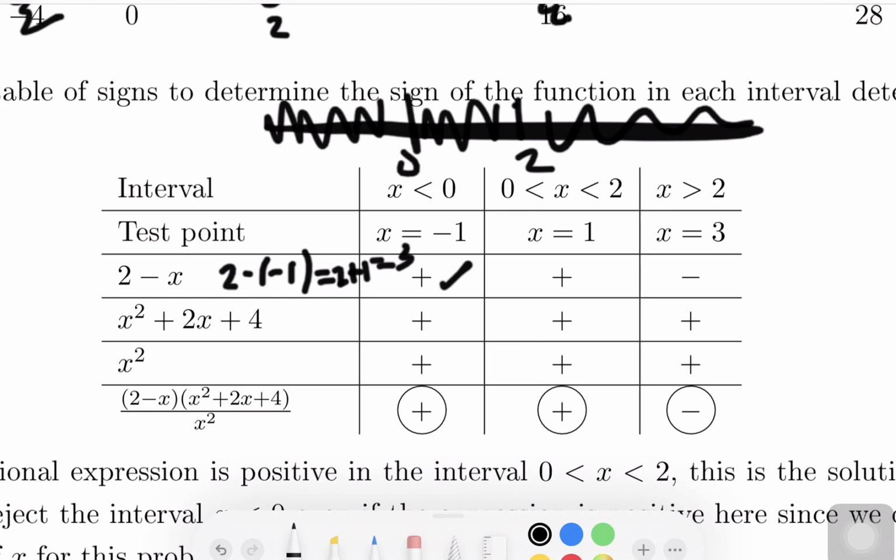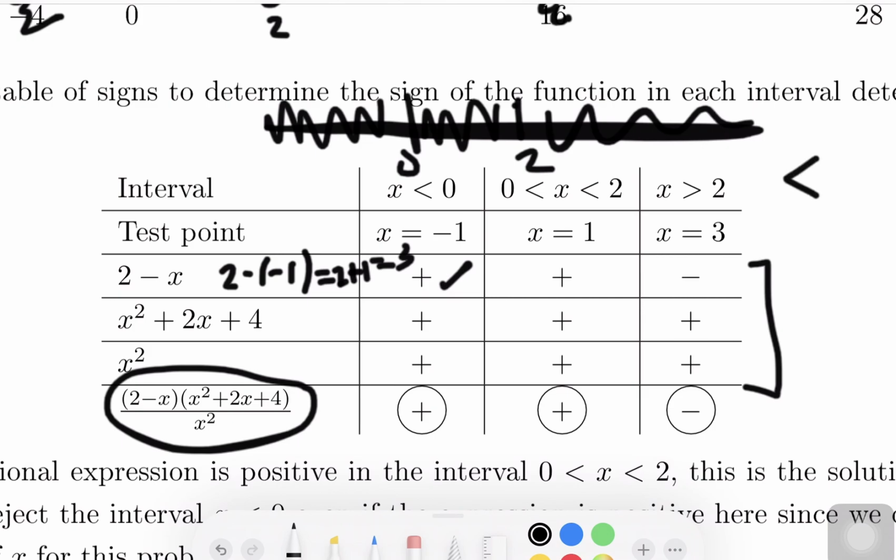Okay, so this is now the complete table of signs. And again, you follow the arrangement of your given rational expression. Now just use the signs. Now take note, our expression is less than 0 in the original expression.